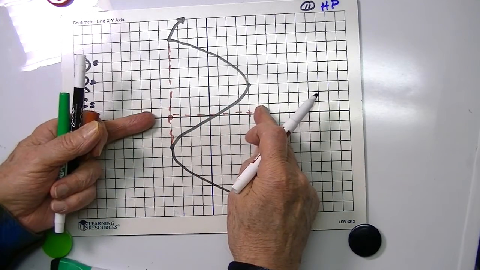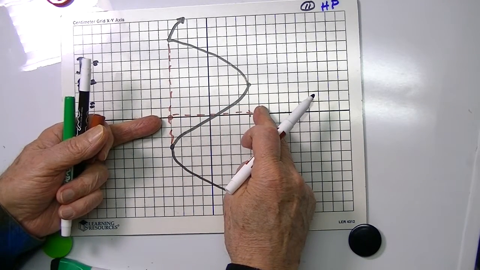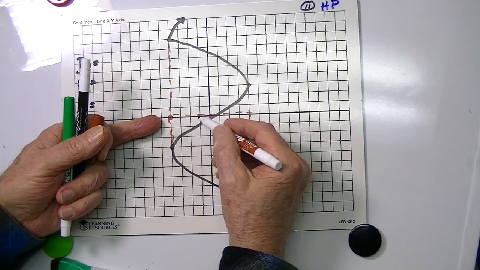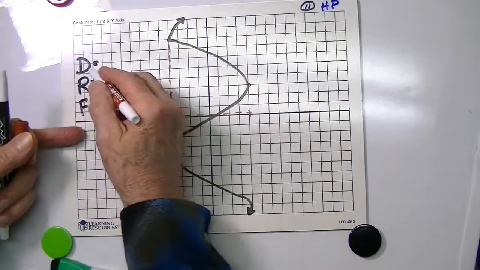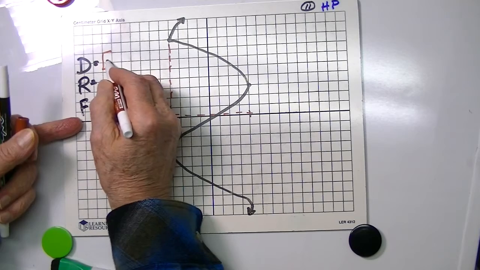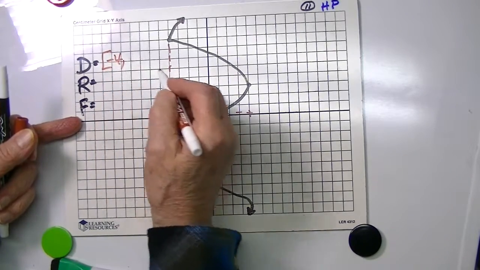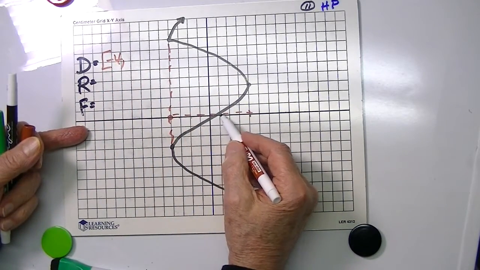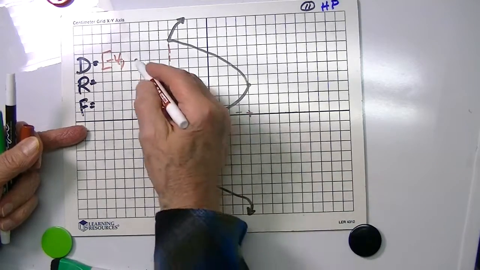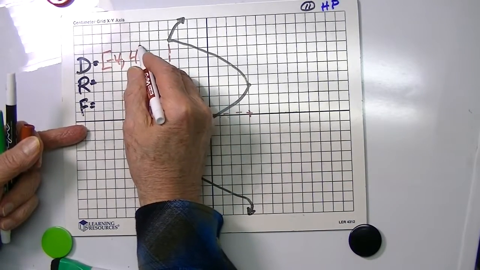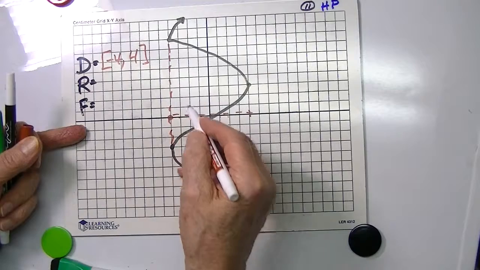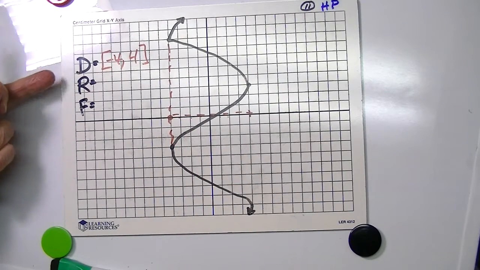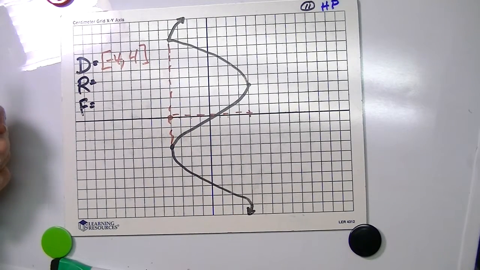So this would be your domain elements, which would start at 1, 2, 3, 4. 4 is included, so we use a -4. And then it goes 1, 2, 3, 4 also. So there, in interval notation, is our domain.